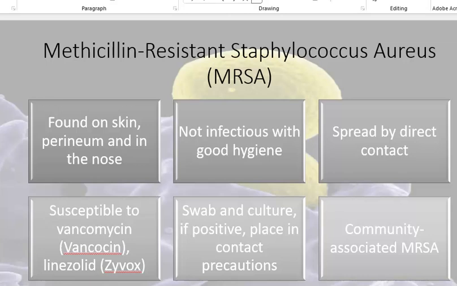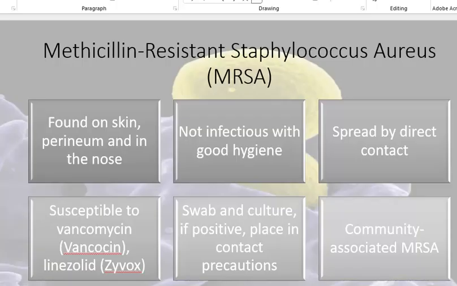Susceptible to only a few antibiotics such as Vanc, Zyvox, or cephalosporins approved for MRSA. Bathing in 2% chlorhexidine gluconate solution decreases risk by 23 to 32%.